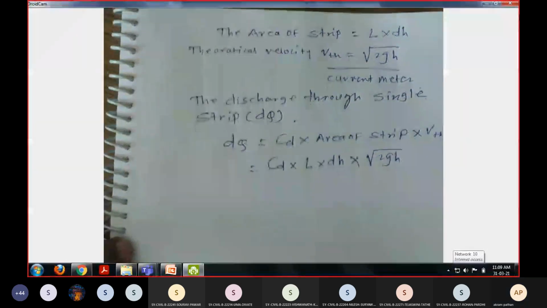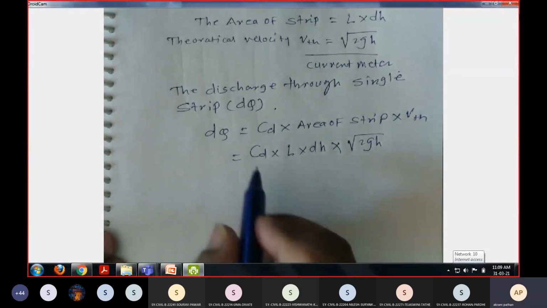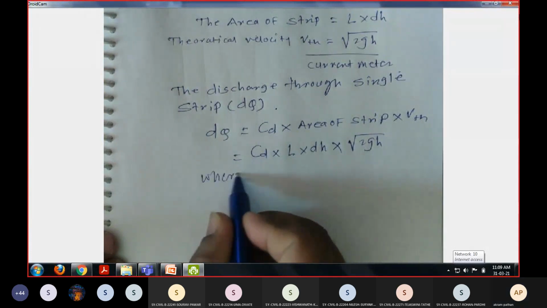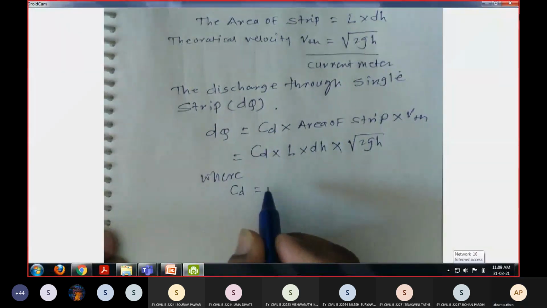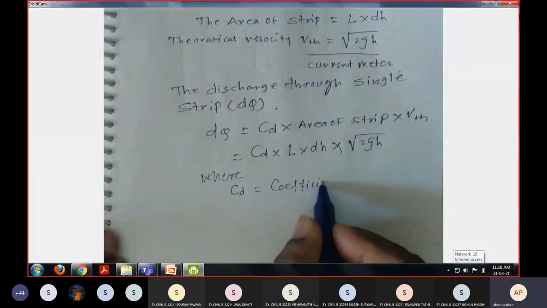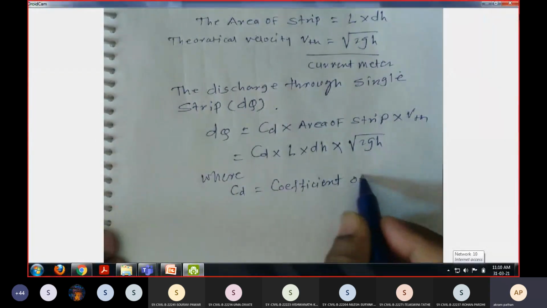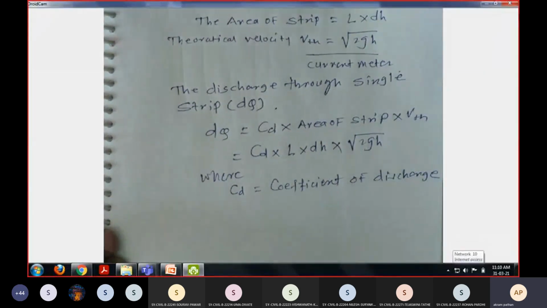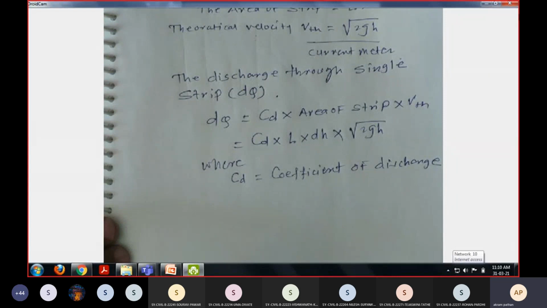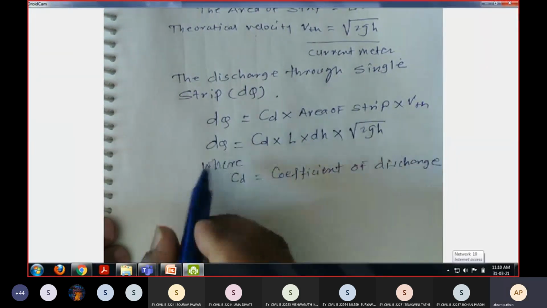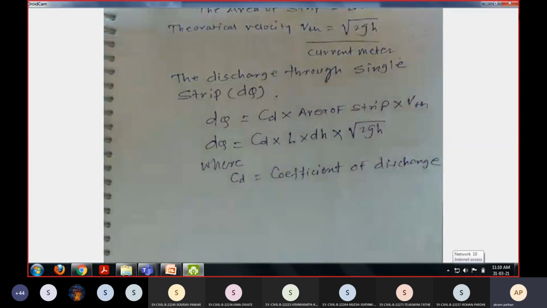Okay, root 2gh. Remember that Cd is the coefficient of discharge. Cd काय असतं? Coefficient of discharge. Then this is the dq, that is the discharge through the single strip.